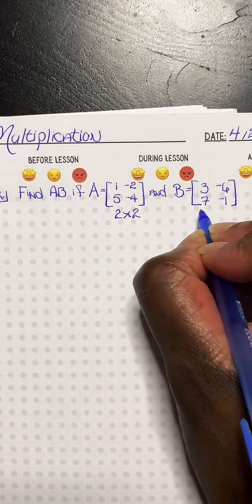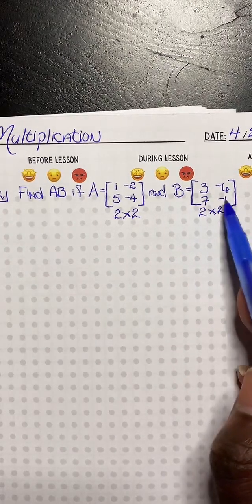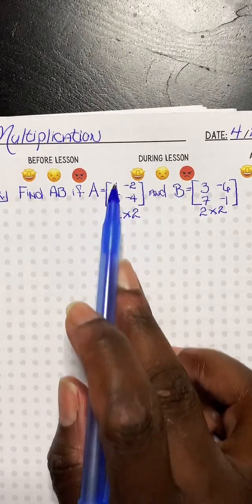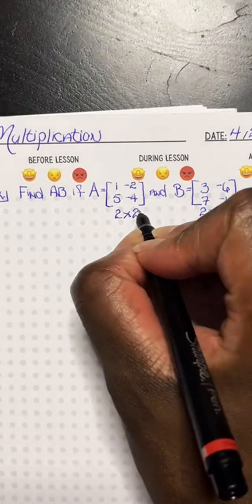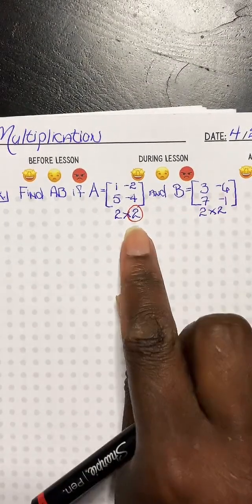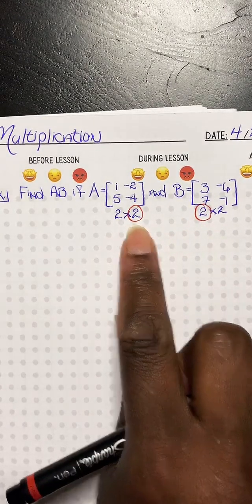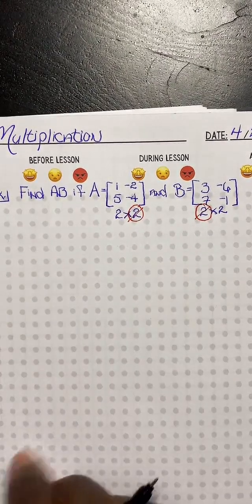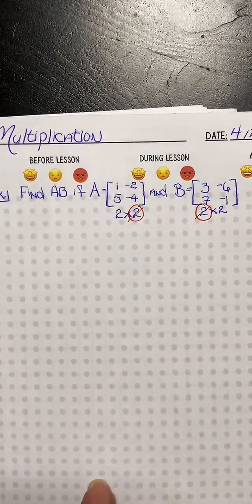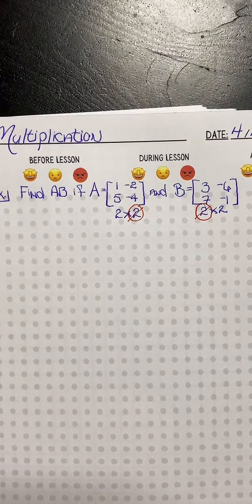Matrix B is also a 2 by 2 matrix because it has 2 rows, 2 columns. I'm comparing the number of columns to the number of rows in the other, and they're exactly the same. So my result is going to be a 2 by 2 matrix. No surprise, because all of them are 2s, but that's how we figure out what our matrix should be.